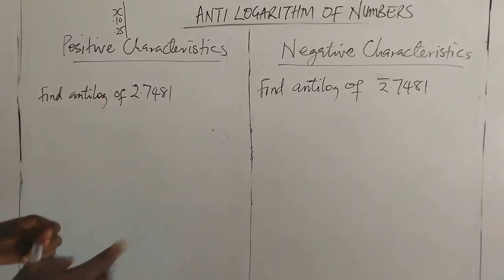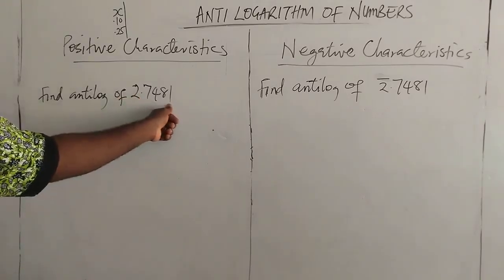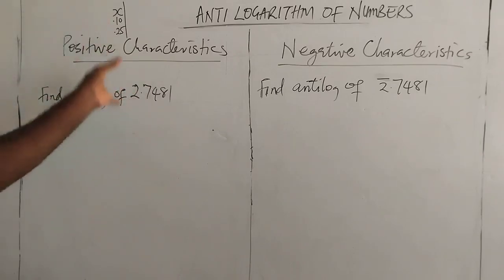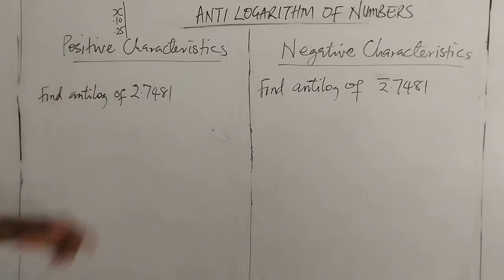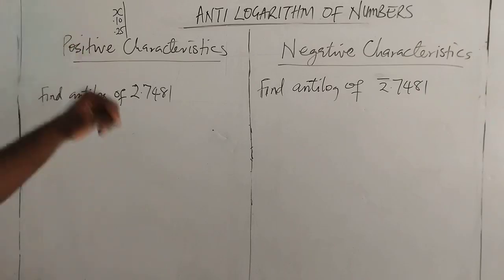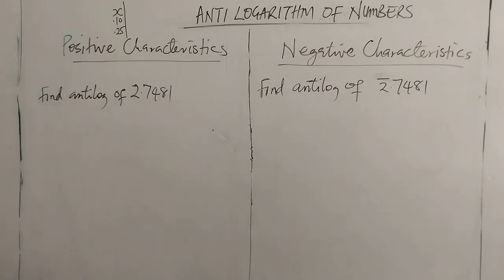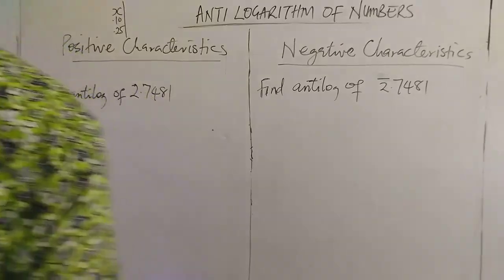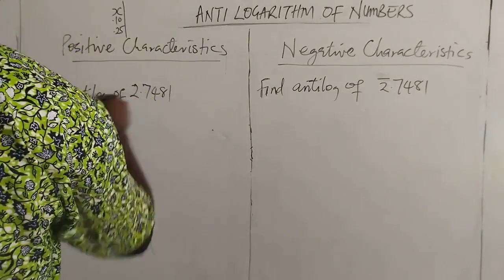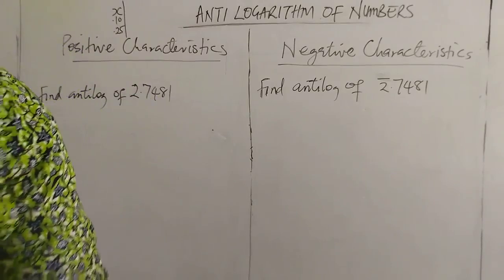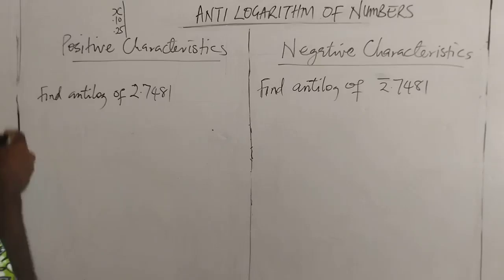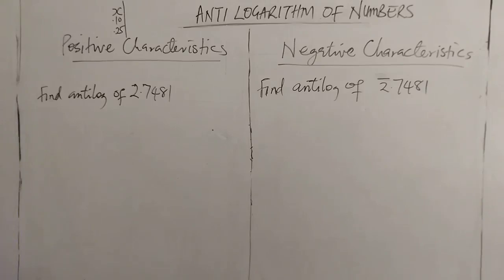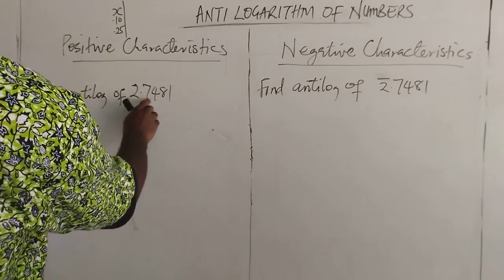So two things are involved. One, use the mantissa part of the number you are trying to find its antilog to provide the value from the table, and then use the characteristic part to know the position of the decimal point. Using this number on the board as an example, 2.7481. The antilog of 2.7481, from the table, we are going to look up 0.74.